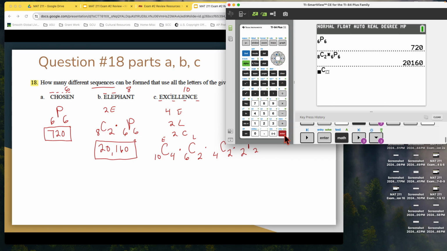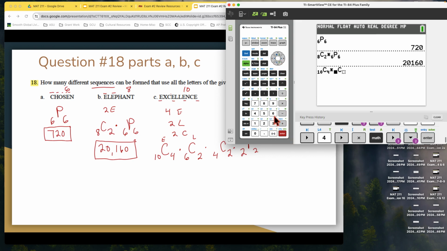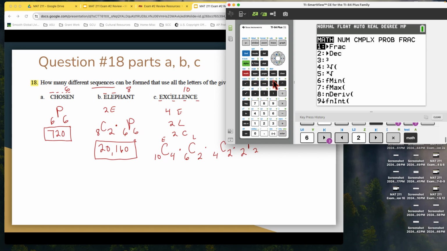And again, I wish there was an easier way to just pull it up. Some calculators actually have a little key. This one, we've got so many things that this calculator can do that they didn't assign it to a key. Fortunately, we don't have to do a second function. And this will be 6 and come back down here 2, arrow up, multiply, math.